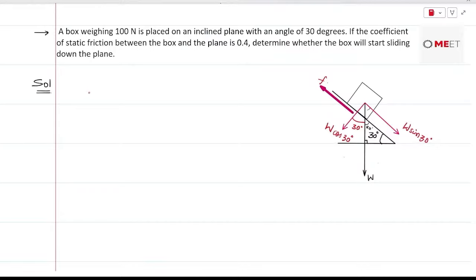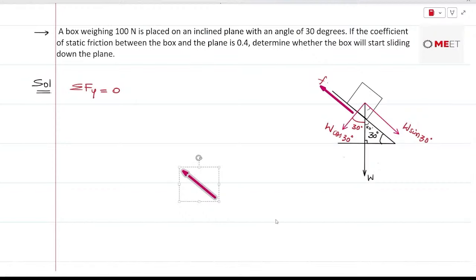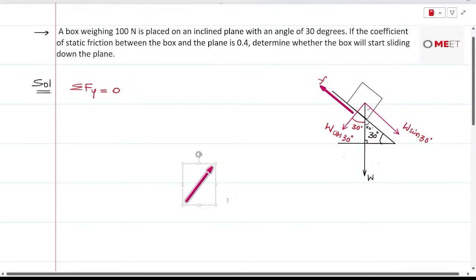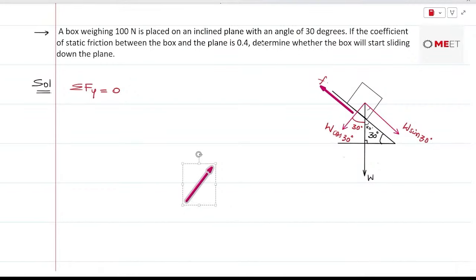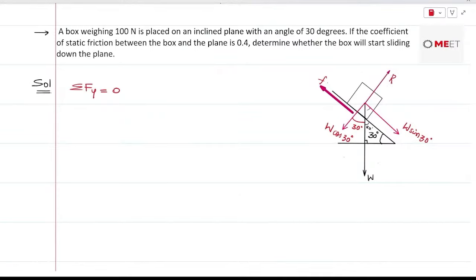So now if we go for equilibrium of the forces, that is summation of forces in y direction, along with the friction force, there will be another force, that is normal reaction, also. So let me just add that one as well. This would be normal reaction, that is Rn.